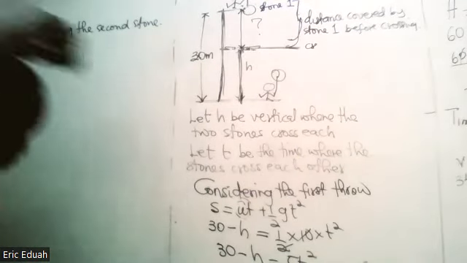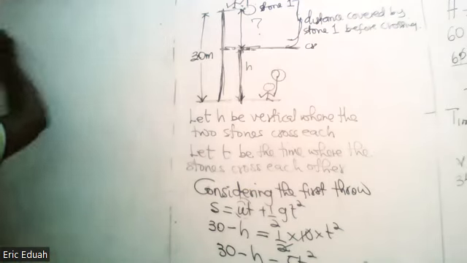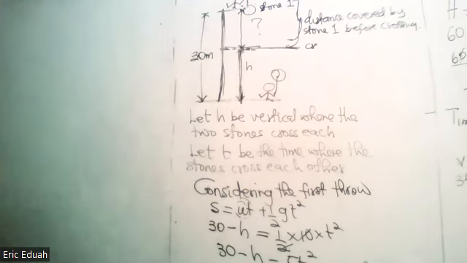A volunteer to help me write an equation for the second stone. We have considered the first stone being projected from the top of the cliff. What equation do we write for the second stone being projected from the ground? Yes.